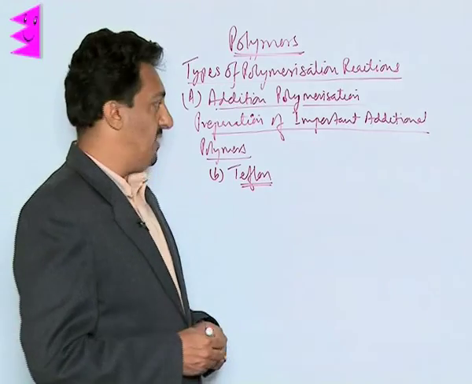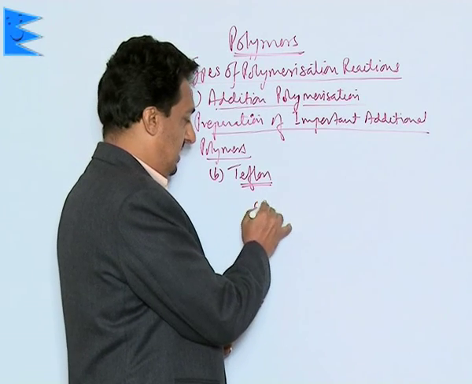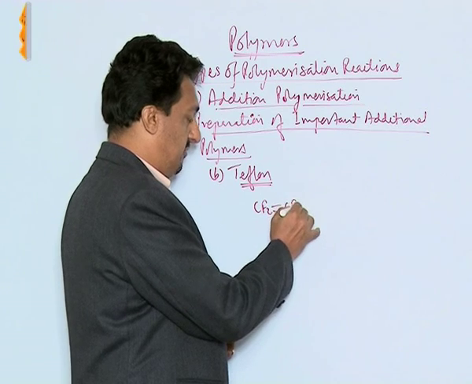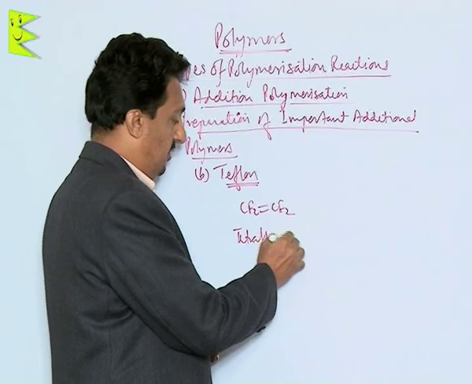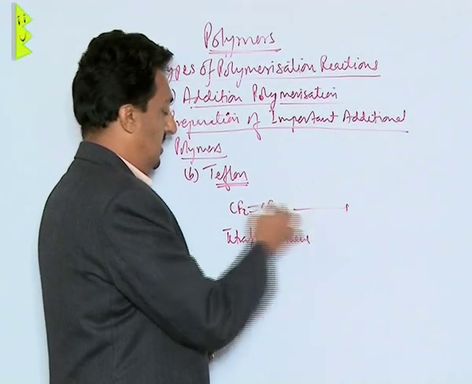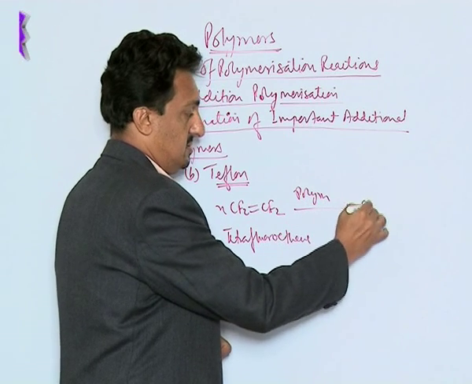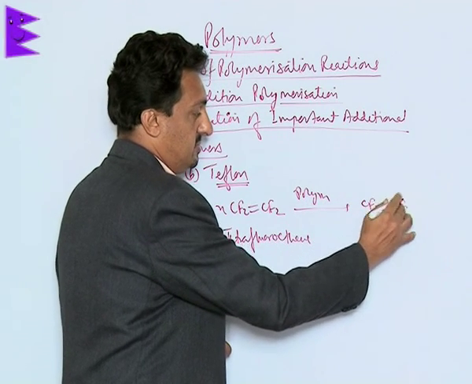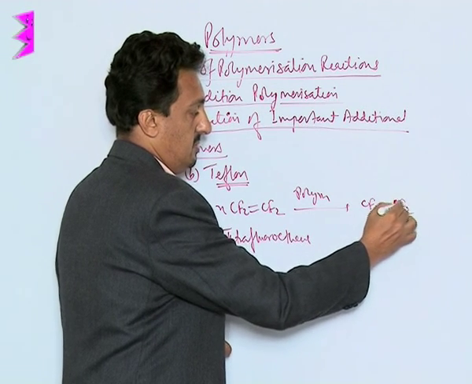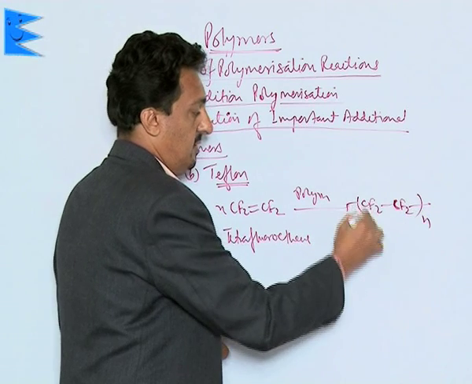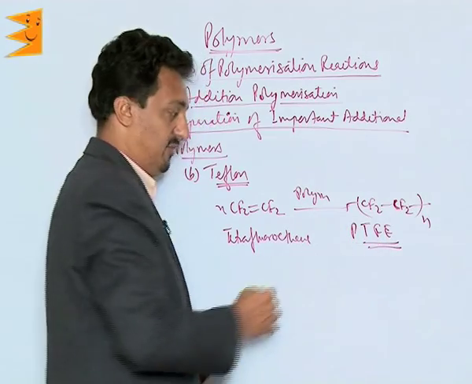The second example of addition polymers is your Teflon. Teflon basically has the monomer CF2 double bond CF2. This is called tetrafluoroethene. Now this on polymerization gives us polytetrafluoroethylene, PTFE.